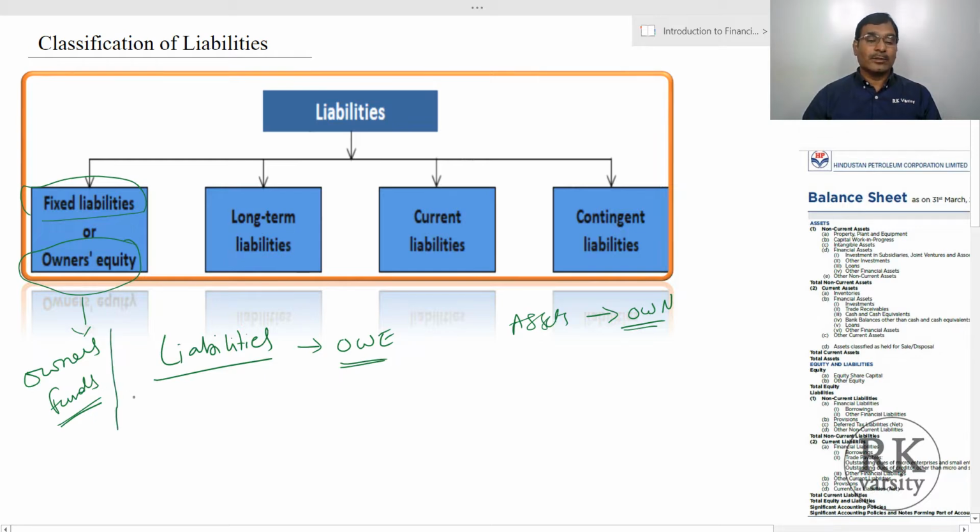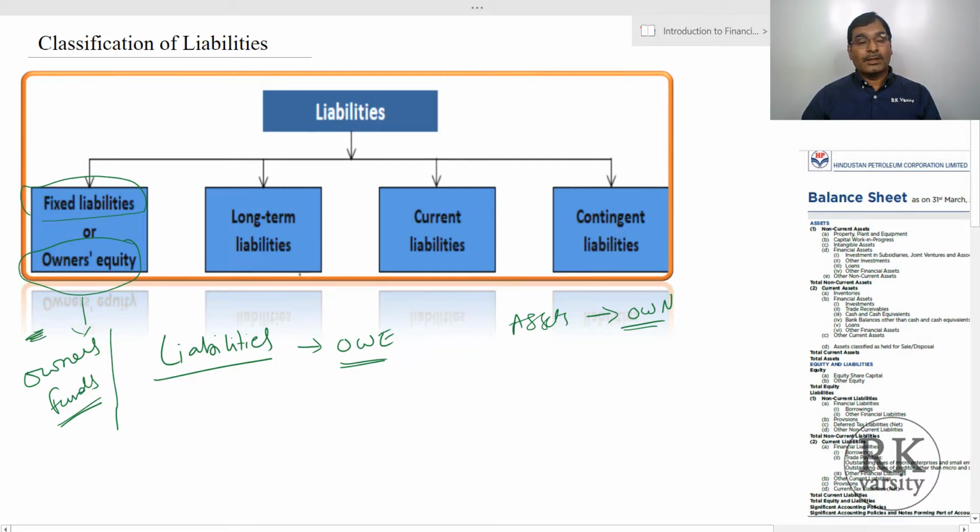Owners will be different and the company will be different. That is why any capital provided by the owners in the form of equity or preference shares, or the profits, is shown as an owner's liability on the liability side of the company's balance sheet.